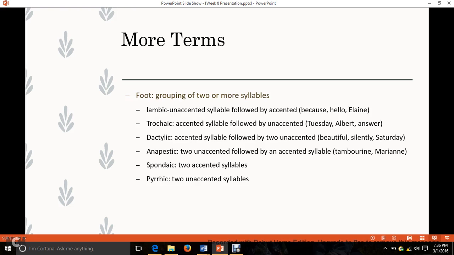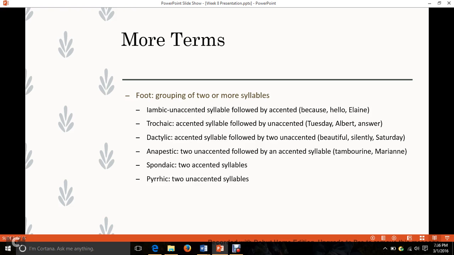So if you had a poem line that had an iambic meter, you would have lots of words or groups of syllables that have a kind of bouncy sound. Because, hello, Elaine. So you would have that kind of jumpy rhythm, and if you had several of those in a row.